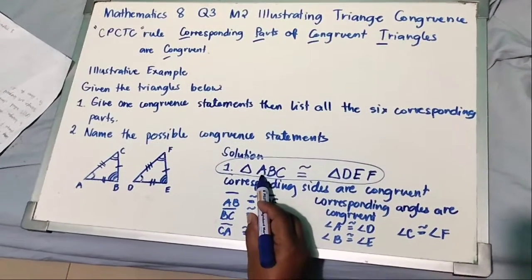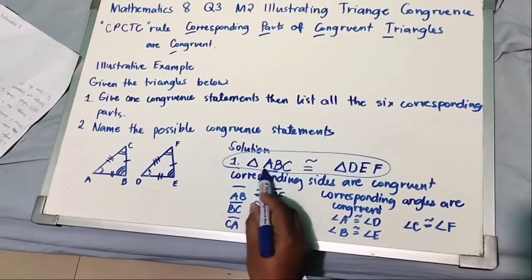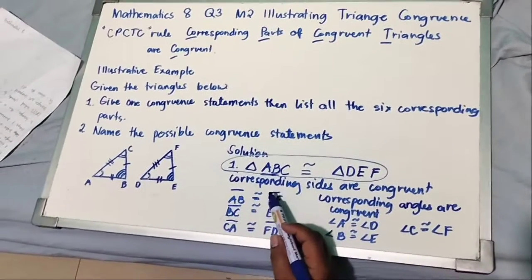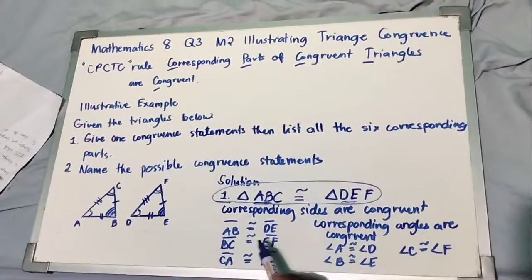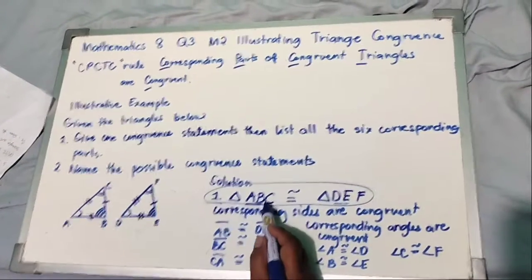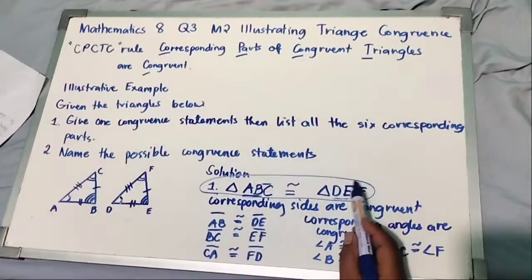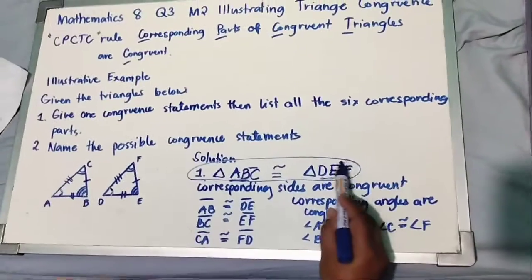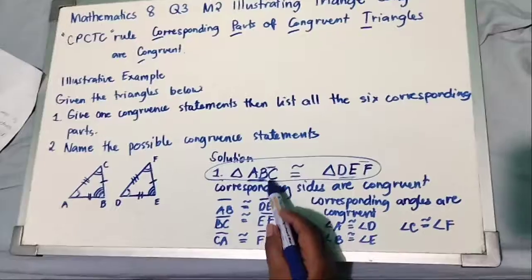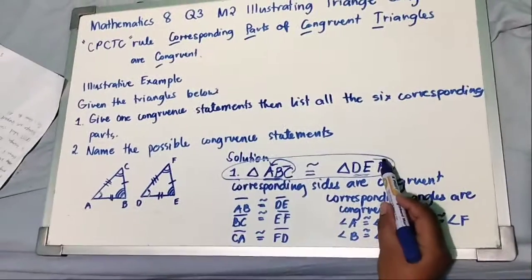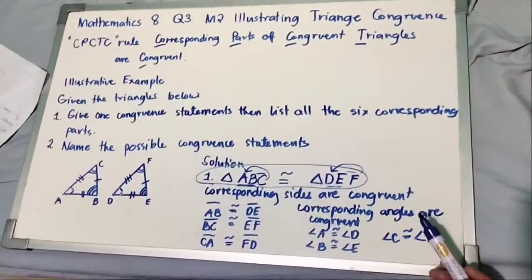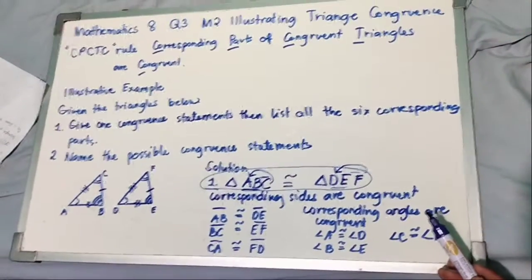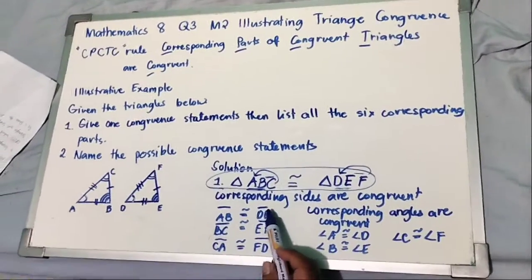If side AB here is congruent to side DE, BC is congruent to side EF, and then CA is congruent to side FD. That's how I get it sometimes. And then for the corresponding sides, stop.